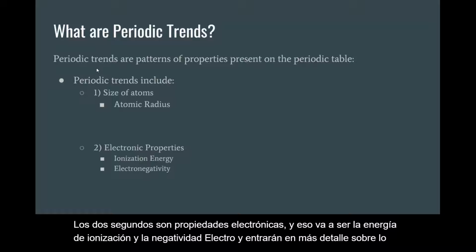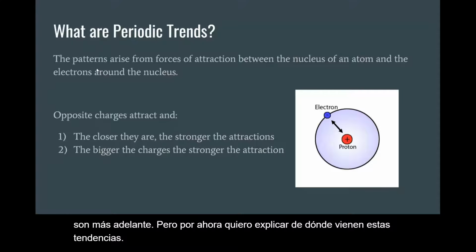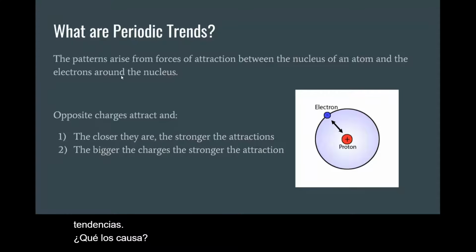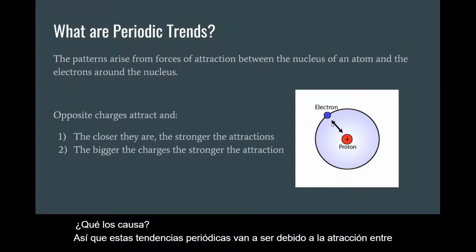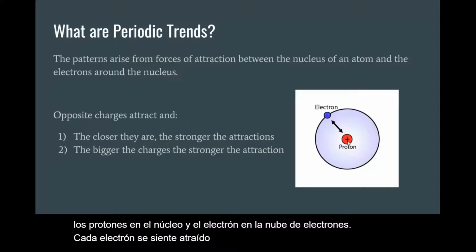But for now, I want to explain where these trends come from, what causes them. These periodic trends are going to be due to the attraction between the protons in the nucleus and the electrons out in the electron cloud. Every electron is attracted to the nucleus, and there are two things that affect that attraction.